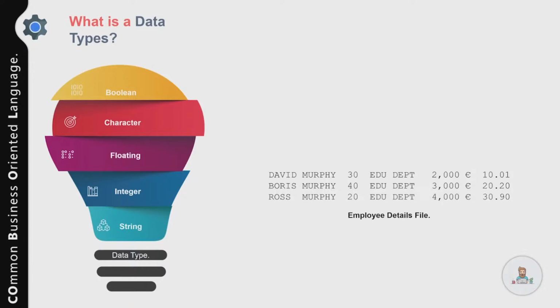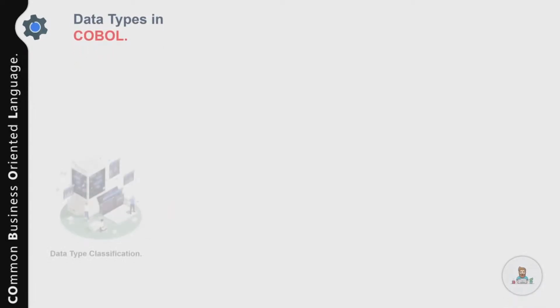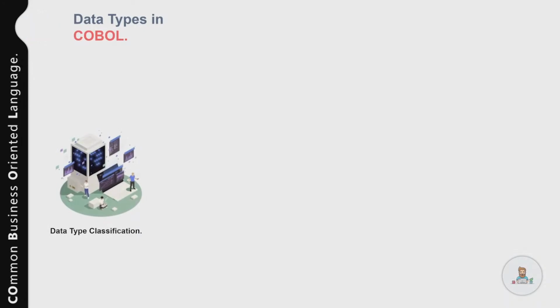After that you have employee monthly tax, which is a floating value, that is something with a fraction part, for example 10.01. So finally, a majority part of understanding how to design and code programs is centered on understanding the type of data that we want to manipulate and how to manipulate that data in our COBOL program.